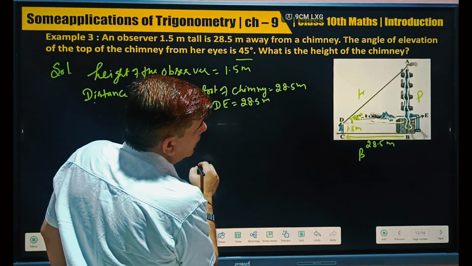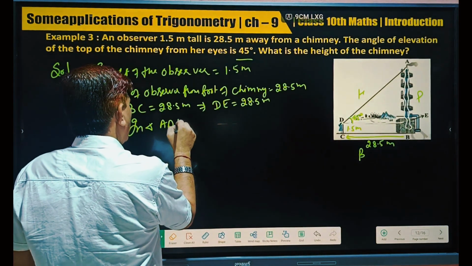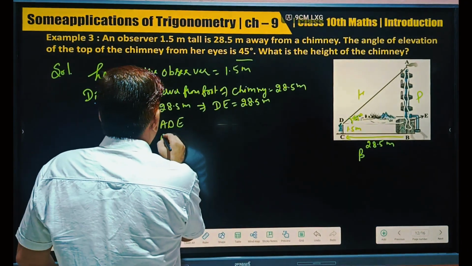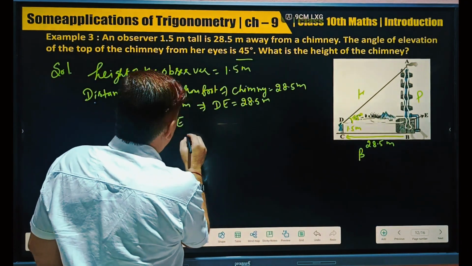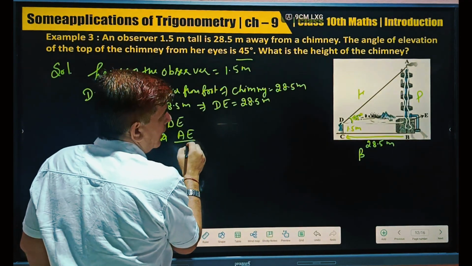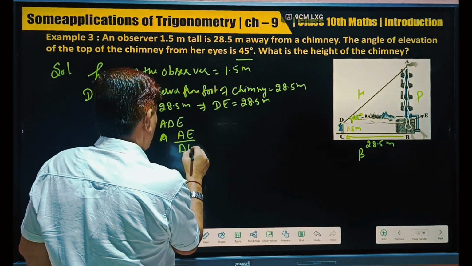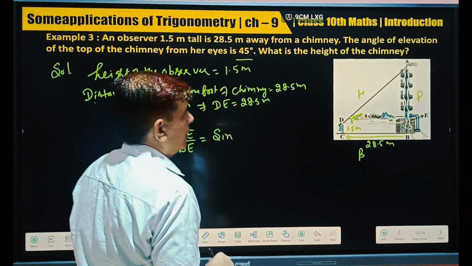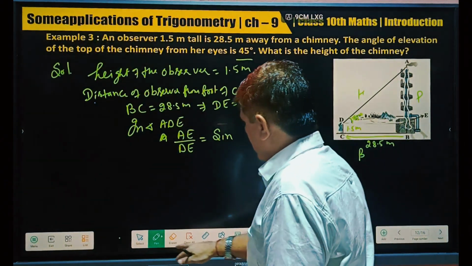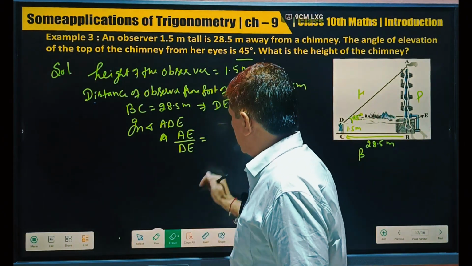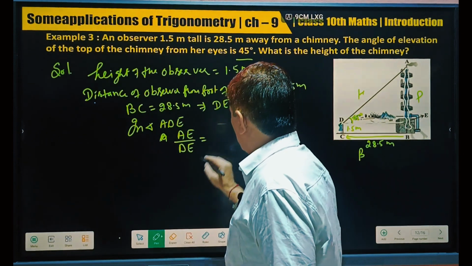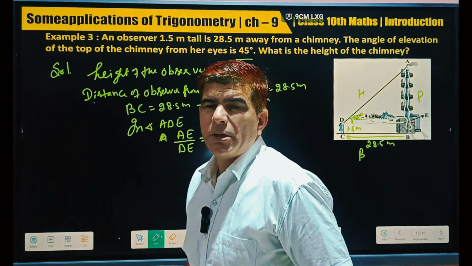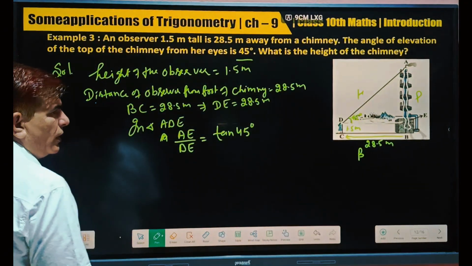So find out now in triangle ADE, AE by DE is equal to perpendicular by base. So what's coming? Tangent. Tangent 45 degree.